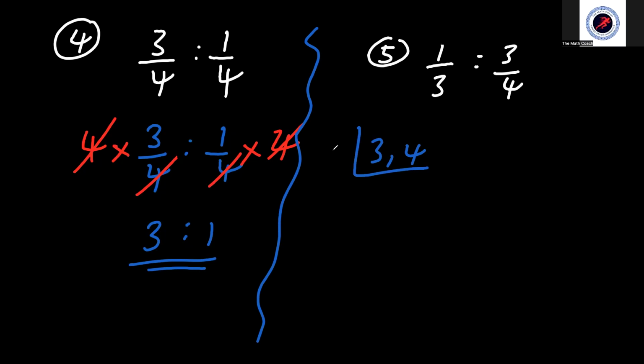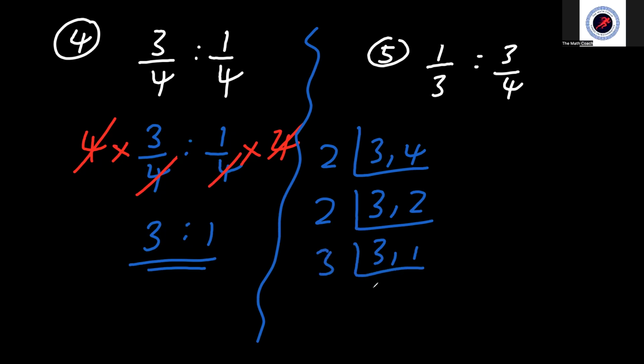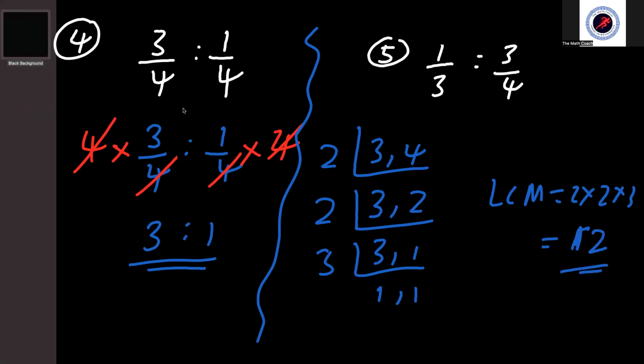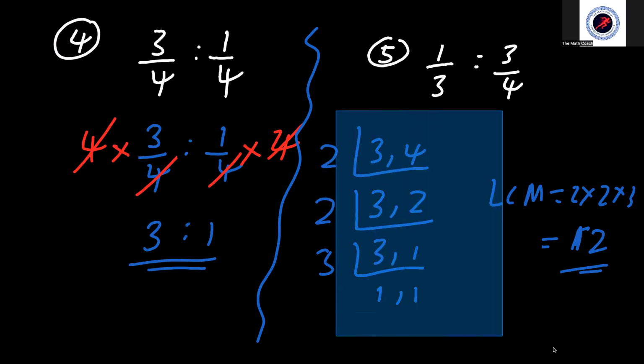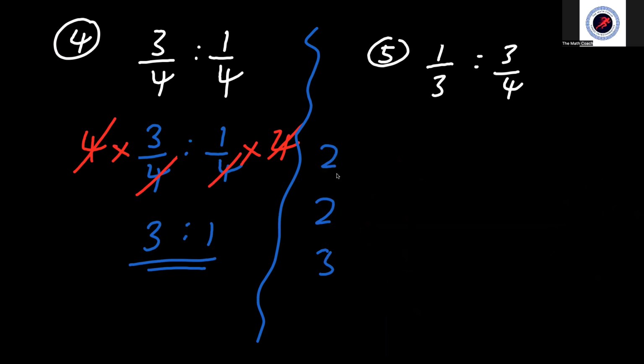The nearest prime is 2. 3 cannot be divided by 2, but 4 can be. We again divide by 2, getting 3, 1, and then 3, 1, 1. So the LCM is 2 times 2 times 3, 6 times 2 is 12. So 12 is the LCM. Keep that in mind.